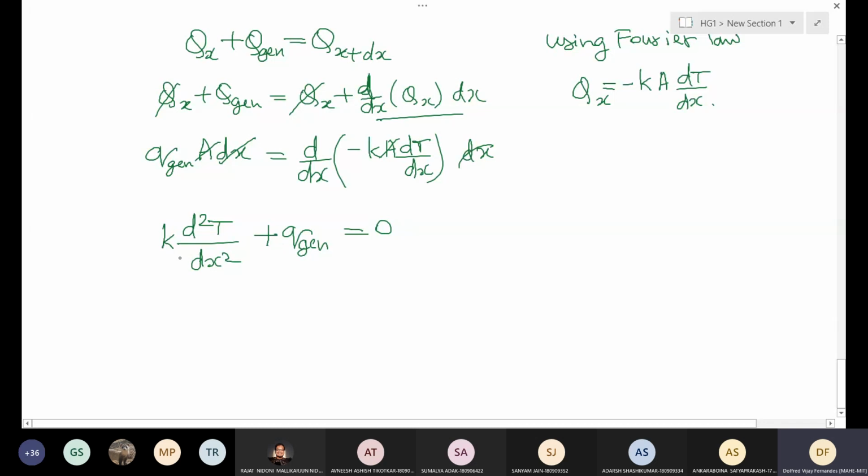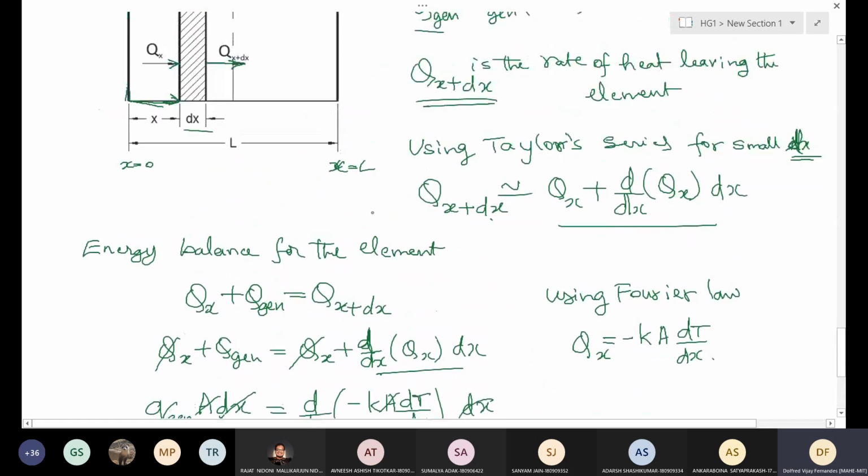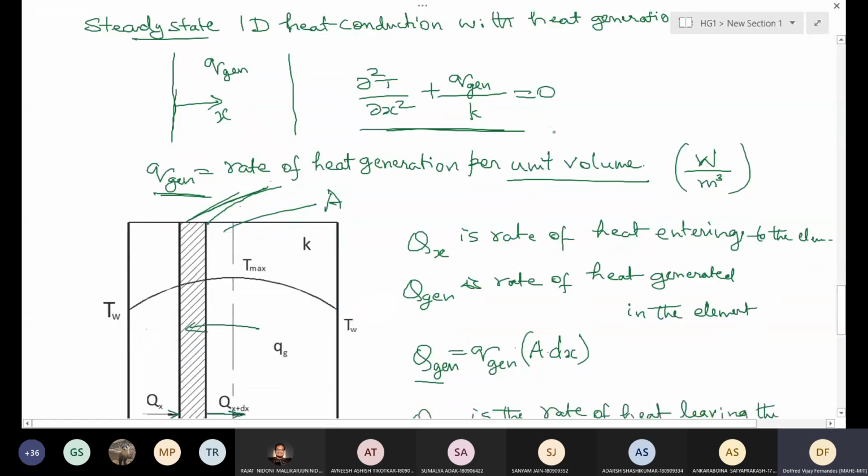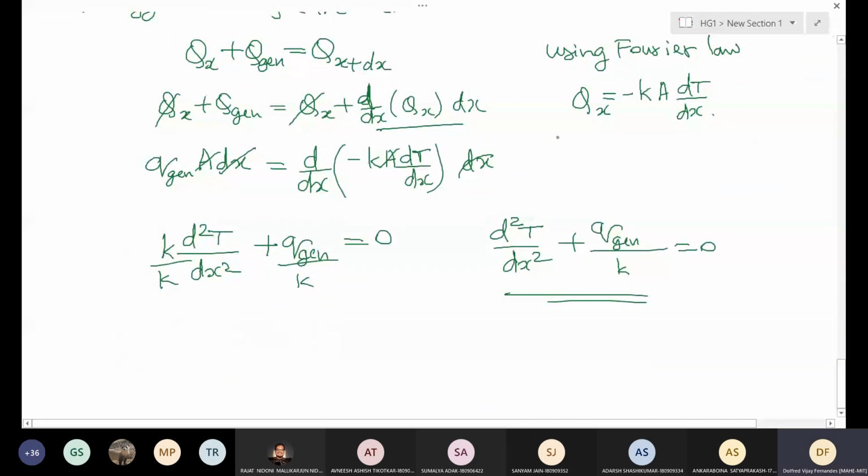Or if you divide the entire equation by k, then you have d squared T by dx squared plus q generation divided by k equal to 0. Same thing as what we have done here. So that's the governing equation.